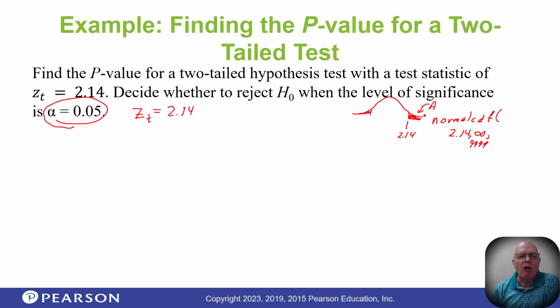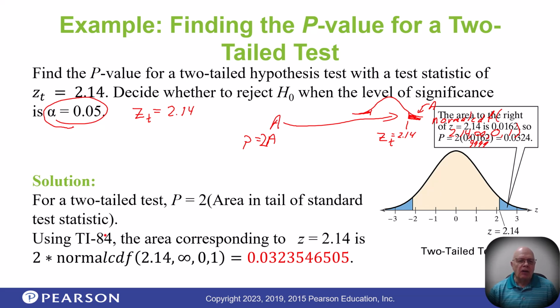And since we are using z values, then we'll have 0 and 1 closing out the normal CDF. And when we get that, remember, the value we find from this area, to get the p-value, we're going to have to double that because it's a two-tailed test.